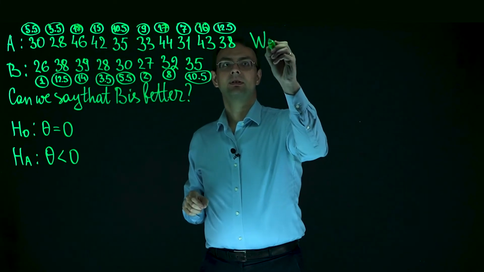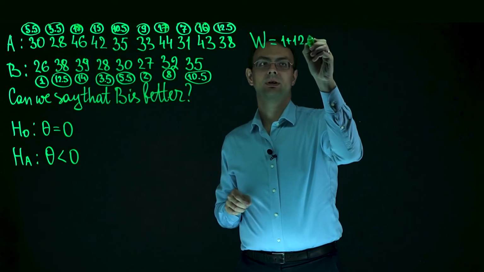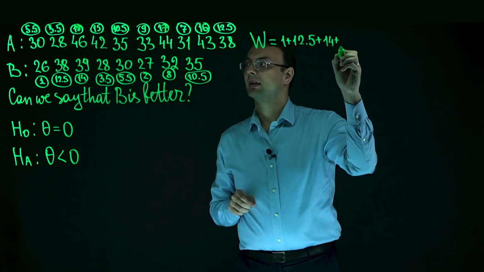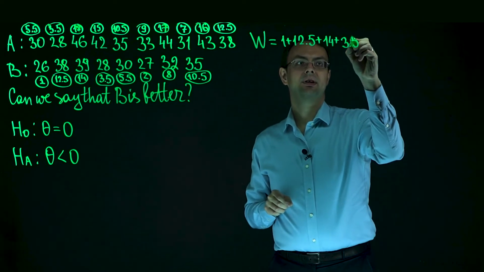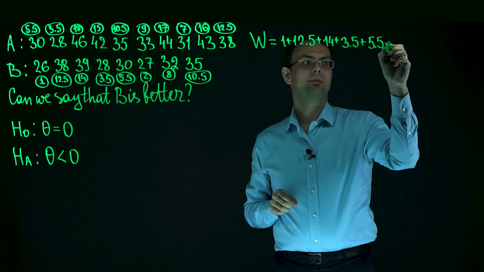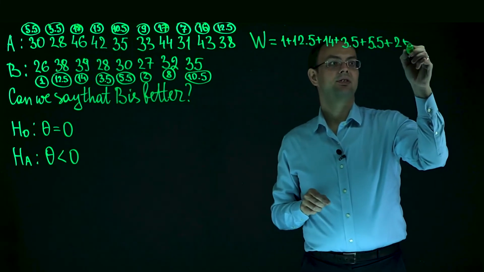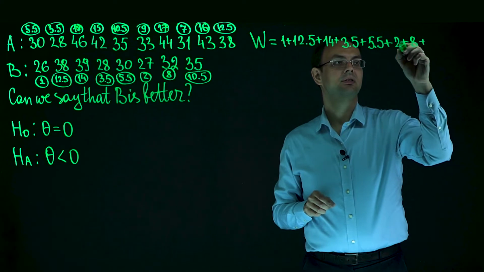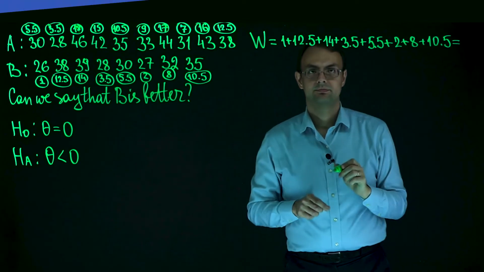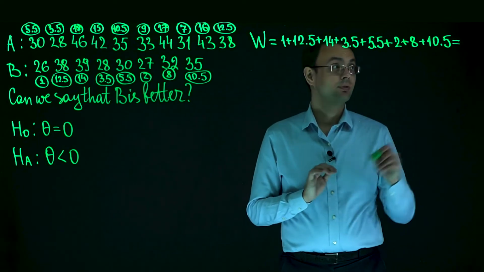So W is equal to 1 plus 12.5 plus 14 plus 3.5 plus 5.5 plus 2 plus 8 plus 10.5. So this is equal to 57.5.